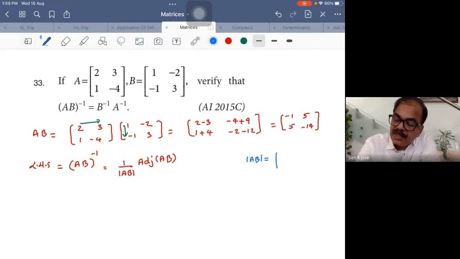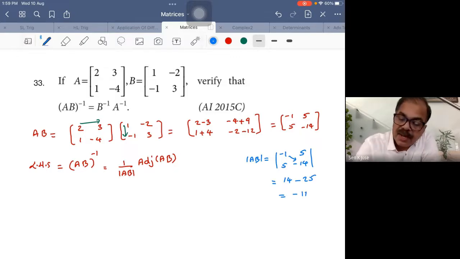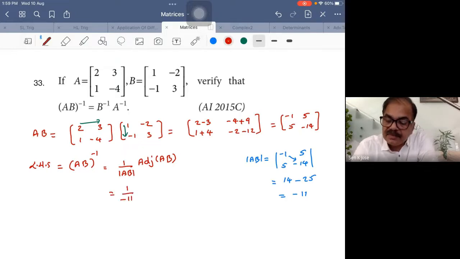Determinant of AB means determinant of minus 1, 5, 5 and minus 14. Cross multiply, get 14 minus 25, which is minus 11, negative 11. So I'm going to put that back into this. So it's going to be 1 by minus 11 into adjoint of AB.